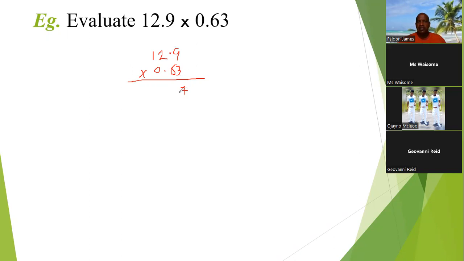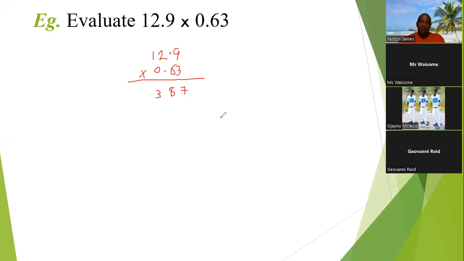So the 2 plus the 6 is going to give you what now? 8. So now we would have 8. And next we have 3 times 1 gives you 3. Everybody following so far?